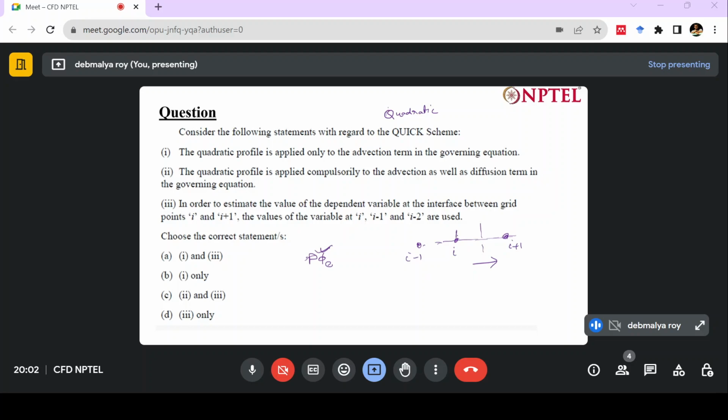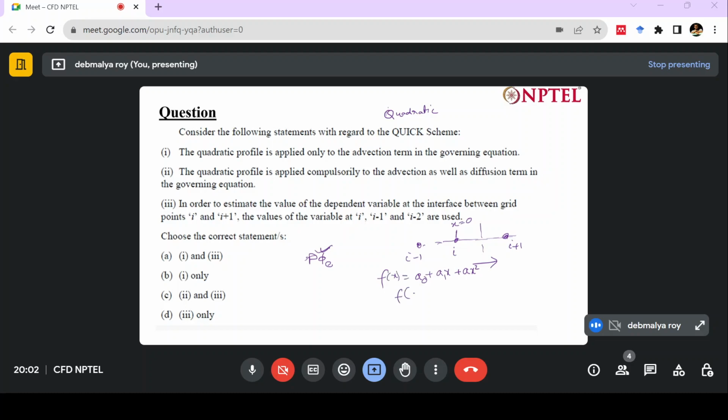So how can we do this? Let's say we can assume that this is x equal to 0. We can assume any other point as well, no problem. So if this is x equal to 0, we have our quadratic function, let's say a0 plus a1 x plus a2 x squared.